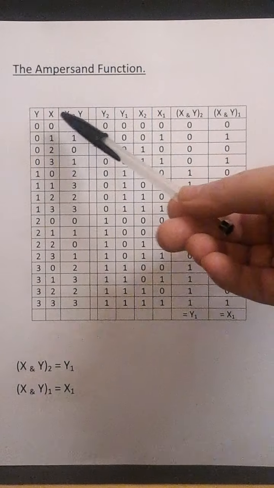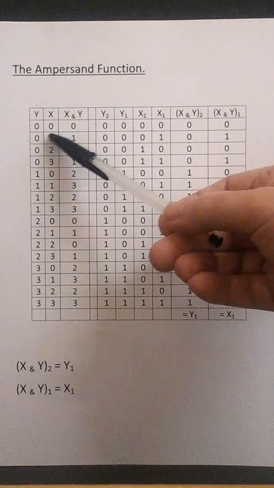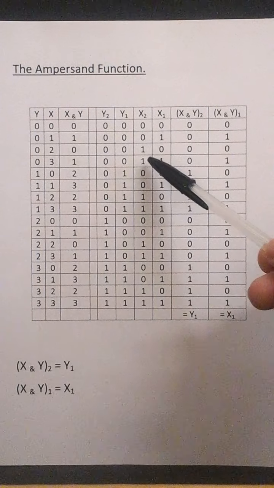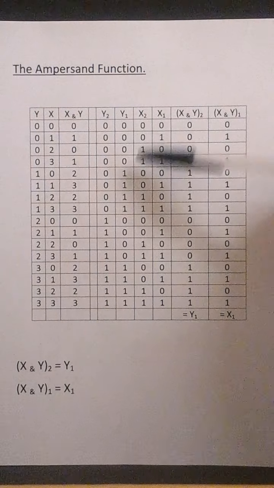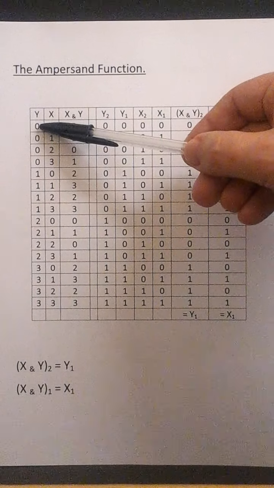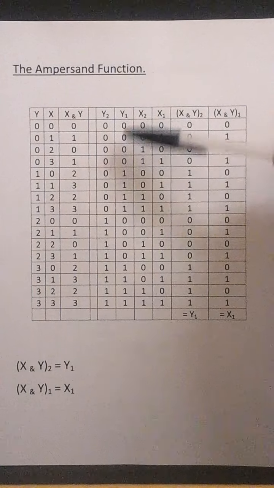So I'm using the codings for x and y. A 0 is 0, 0, a 1 is 0, 1, a 2 is 1, 0, and 3 is 1, 1. So that's the code I'm using for this. This is repeated here, the same coding for y. When y is a 0, y2 and y1 are zeros.